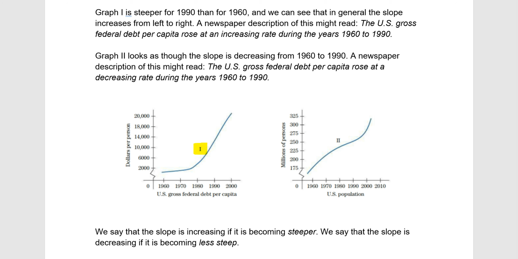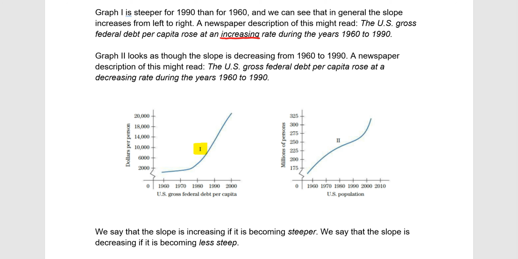This graph represents the U.S. gross federal debt per capita in dollars per person. If this was a newspaper, we might read: the U.S. gross federal debt per capita rose at an increasing rate during the years 1960 to 1990, because the slope increased.